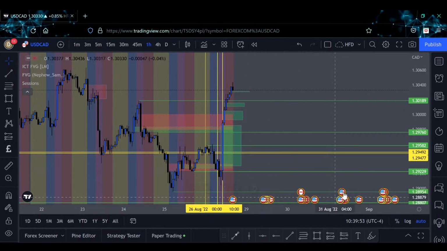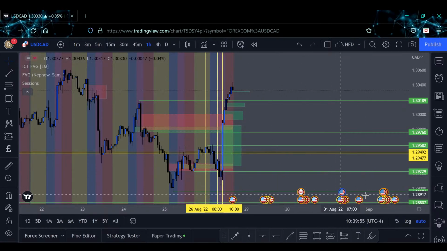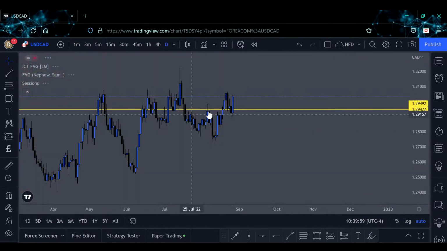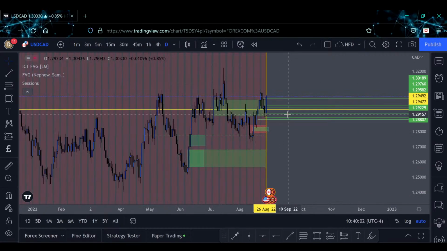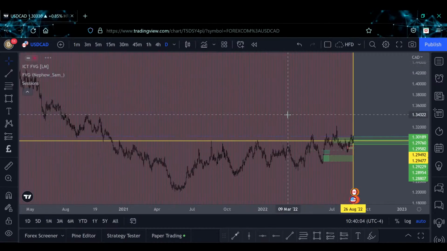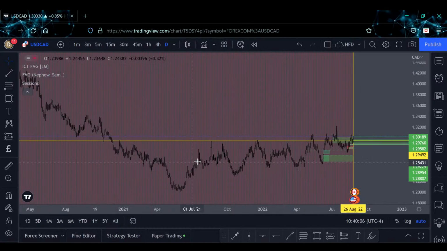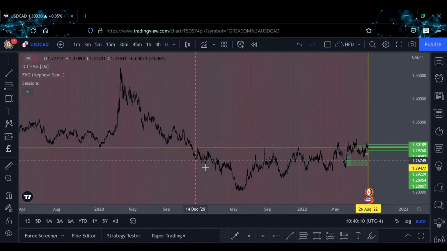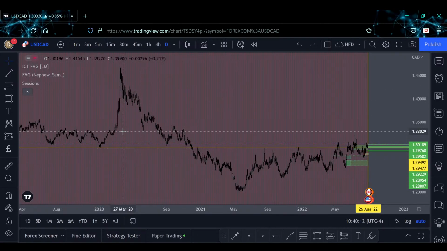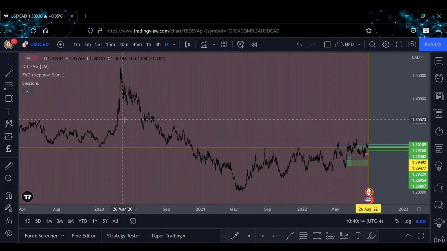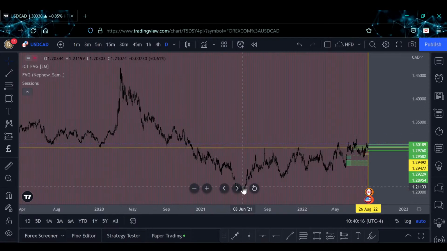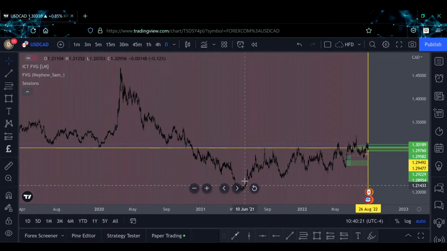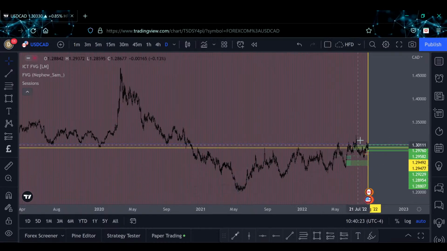There's a lot of news to come out next week in September, so it's probably better to go to the daily. So obviously there's been a downtrend for some time, since 2020 till June, and it started curving back up.